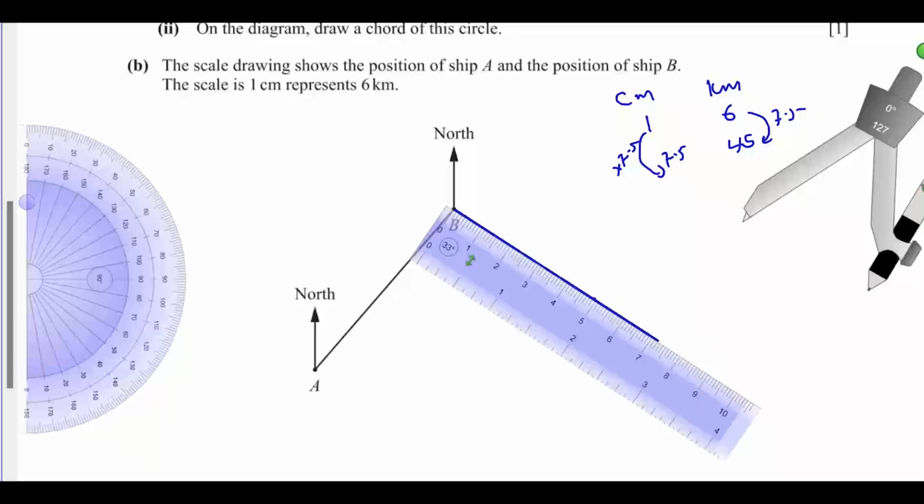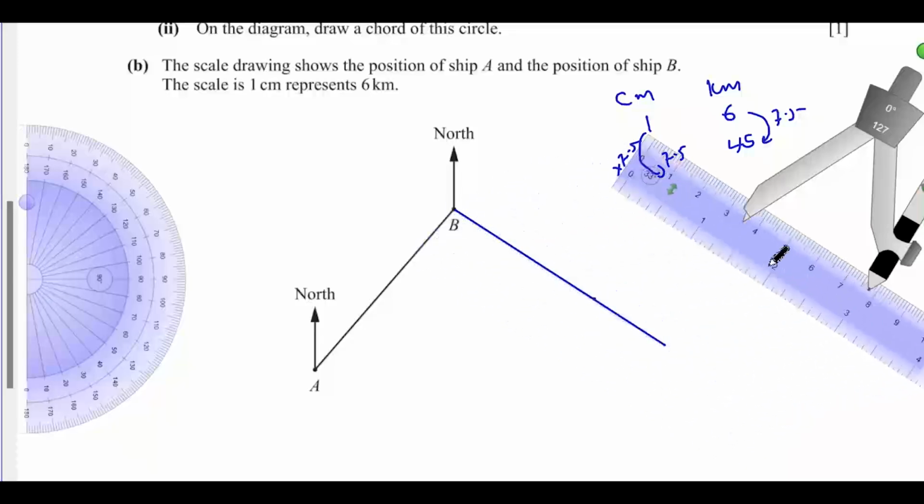So it will be up to this point here. So this is 7.5, and this will be point C. So that is how to locate point C. I can write 7.5 centimeters here.